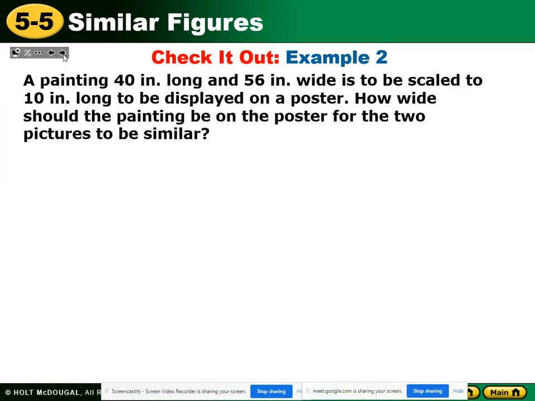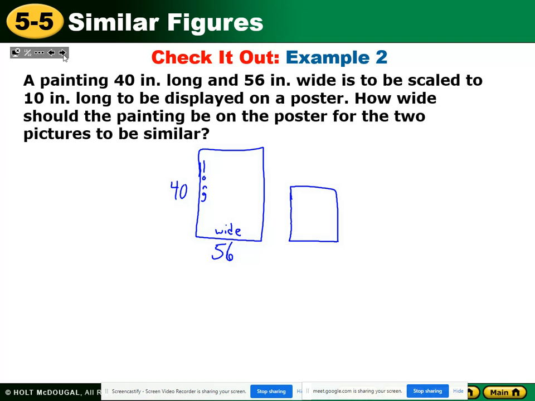So now we have a painting that is 40 inches by 56 inches. And they don't even have to be to scale. 40 inches long and 56 inches wide. So this is long and this is wide. Okay? It's to be scaled down to poster size. So this is when they did big old oil paintings. Okay?